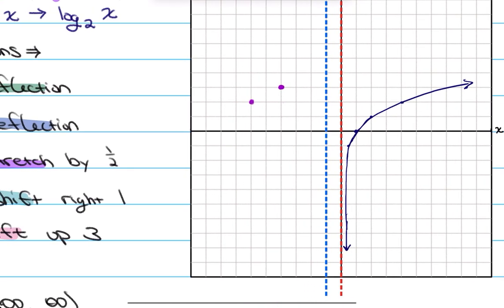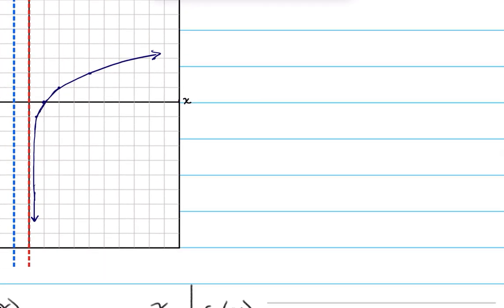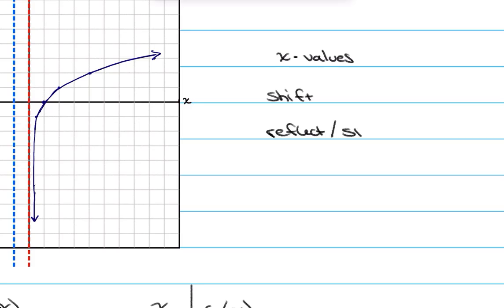All right. So again, order of operations. So I'm going to go over this. For your x values, you have to shift, so right or left, then you reflect, stretch, or shrink, whichever one it is.